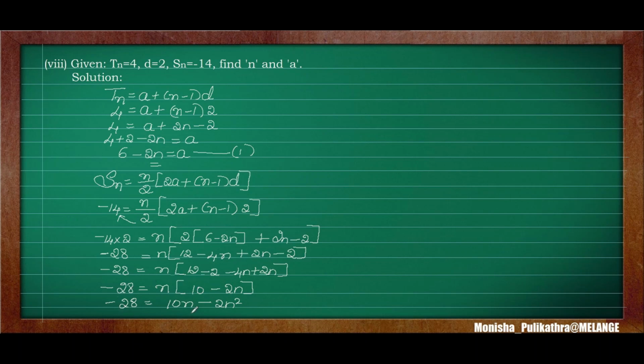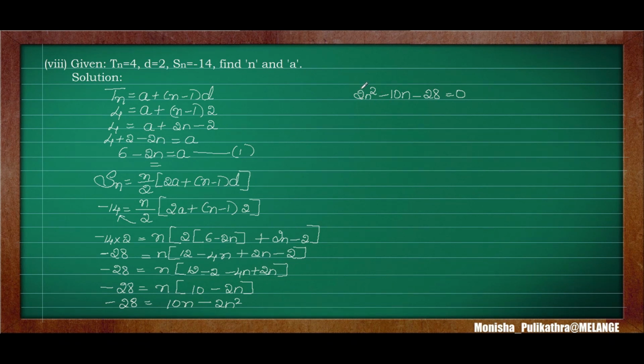So now we should make this a quadratic equation. So I am shifting this minus 2n square to the left hand side. So it will become plus 2n square. Next, plus 10n to the left hand side will become minus 10n. Then I am keeping that minus 28 there itself. So it will become minus 28 is equal to 0. Then we need to check whether each of these terms is divisible by a single digit.